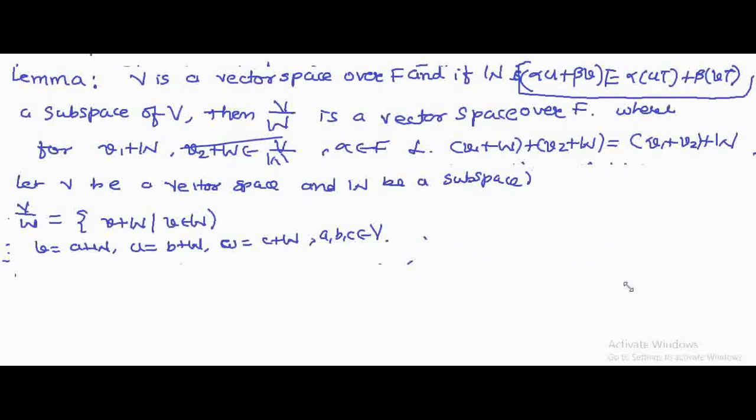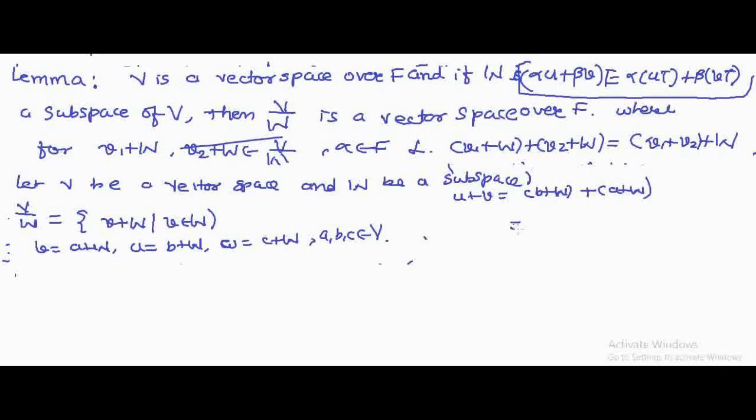Commutative property is again very obvious. u + v equal to, what is u? (b + W) + what is v? (a + W).